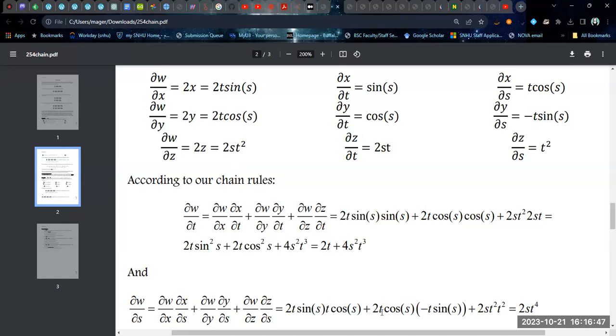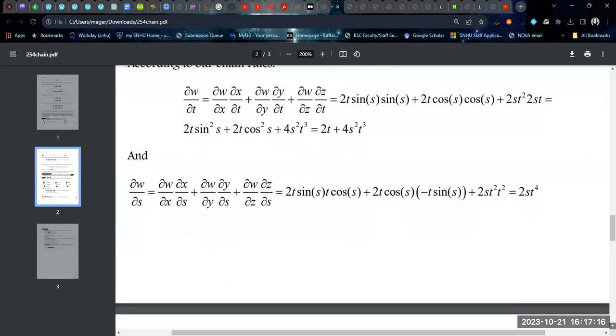And then del w del y is this guy, and then times del y del s is that guy, and then del w del z times that guy, del z del s. Now, when you do this, you find this is the negative of that one, so that term cancels out completely, and then you just combine your t squareds and you get this.